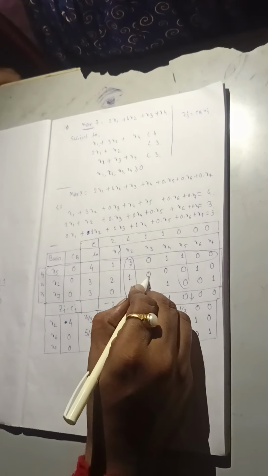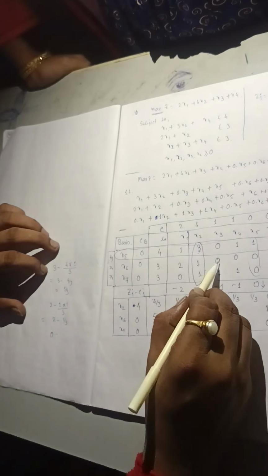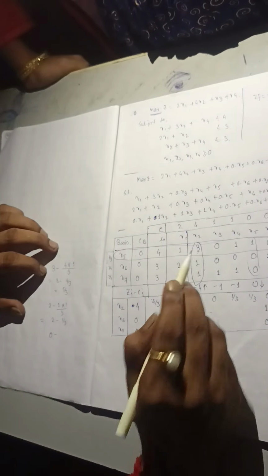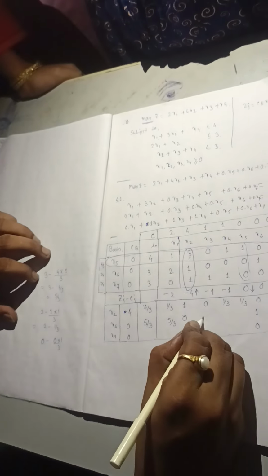Now I have to calculate this 0 position. So earlier it was 0. So look here, it was 0 minus, look at the corresponding key row element, it is 0. Key column element, it is 1, divided by 3, it remains 0. Next one is, you can see this vector is nothing but 0.